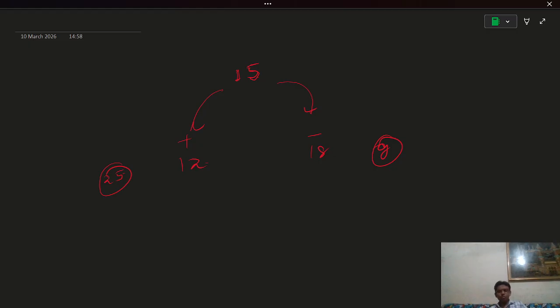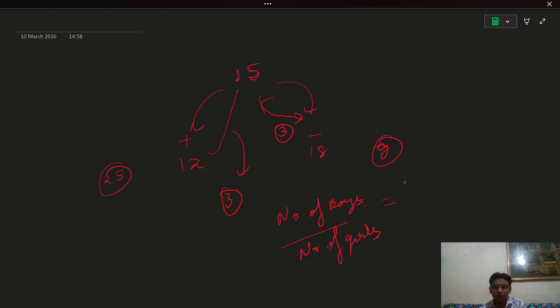Okay. Now how to do this? There's one simple trick. Let's take the difference. Here the difference is 3. Here the difference is also 3. So the number of boys and the number of girls are in the ratio of their differences.